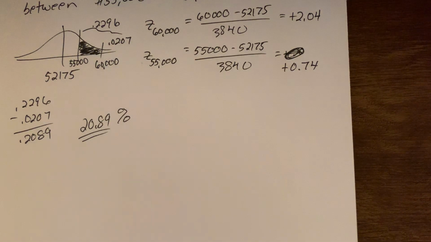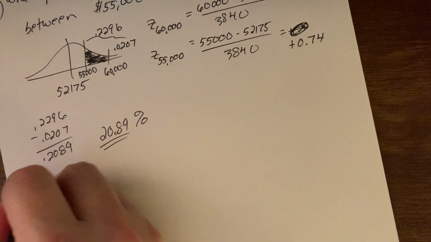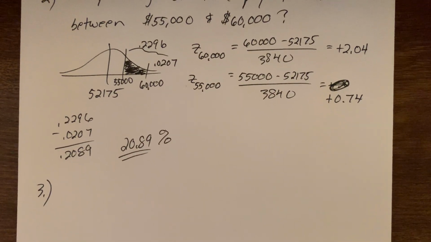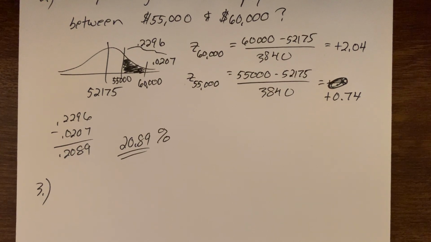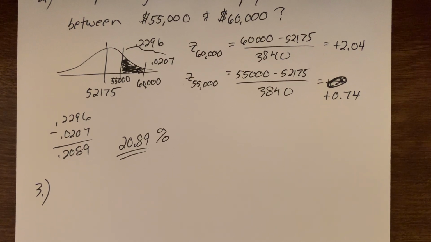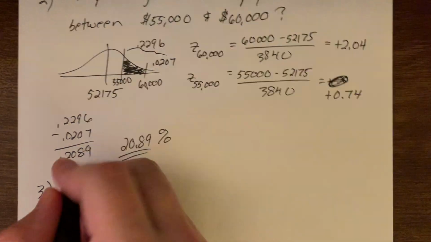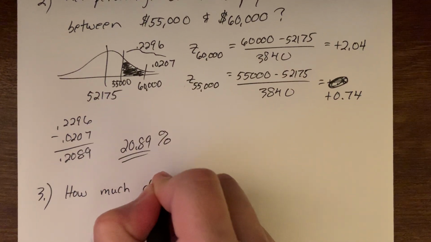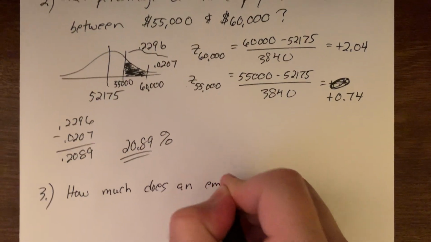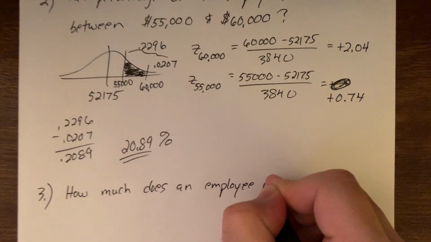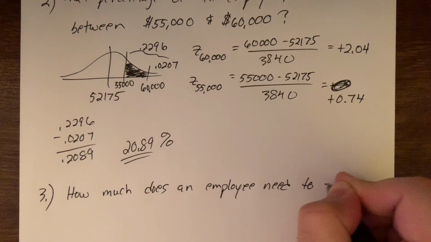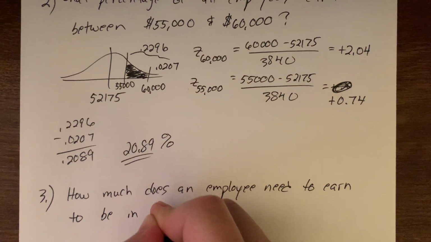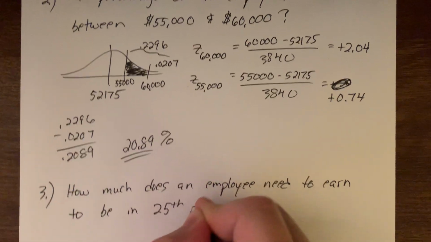Okay, last problem, number 3. And let's do it similar to the last problem with the heights of men. Let's change it to a data value problem. Okay, how much does an employee need to earn to be in the 25th percentile?